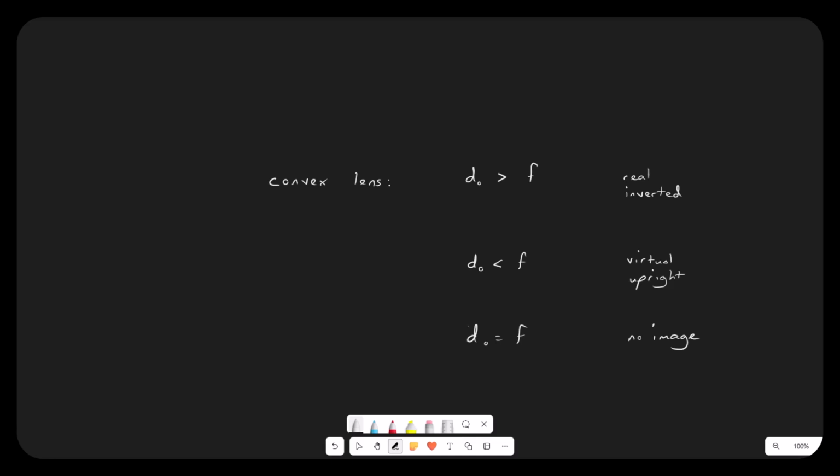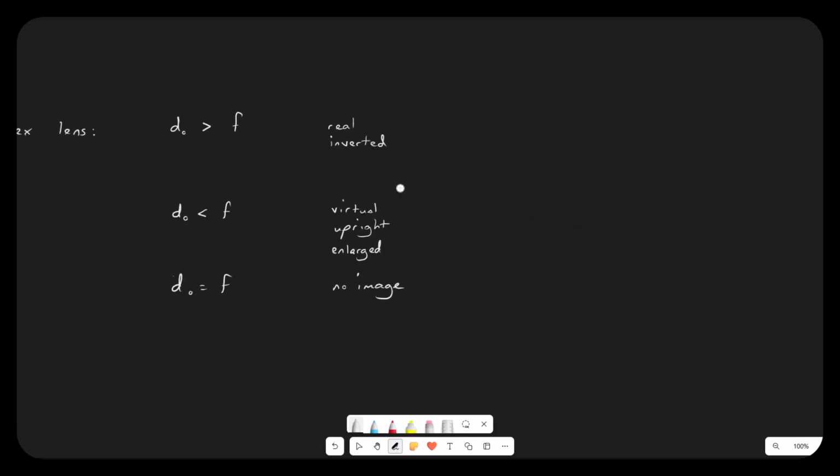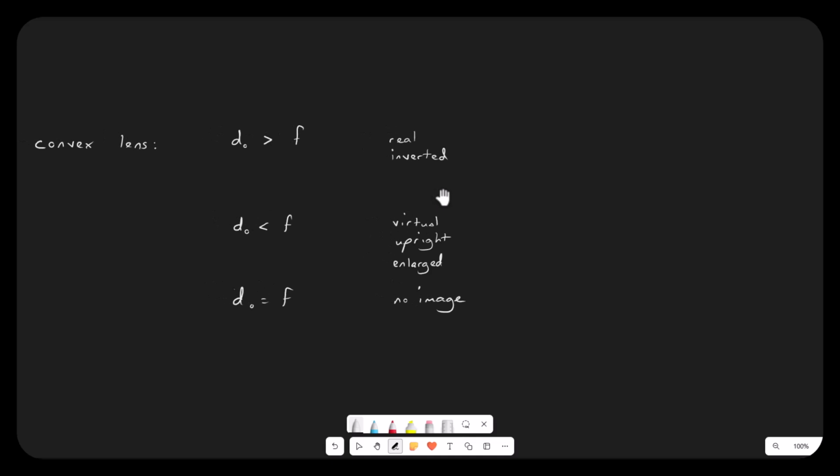I do want to add just a little bit more. This virtual upright image will be enlarged. For the real and inverted image, I get a couple of cases. Again, it splits further, right? If my object distance is greater than double my focal length, then I get a reduced image.